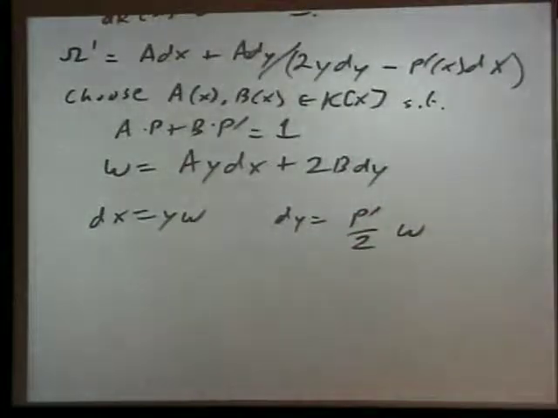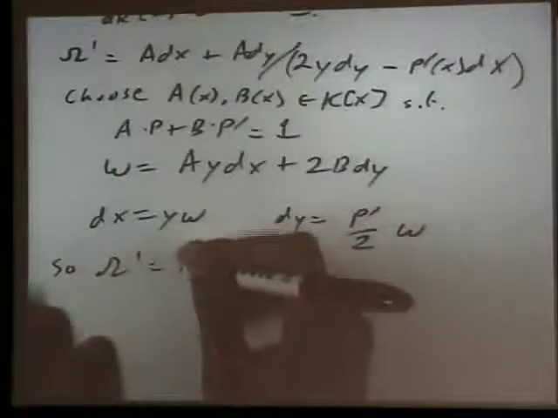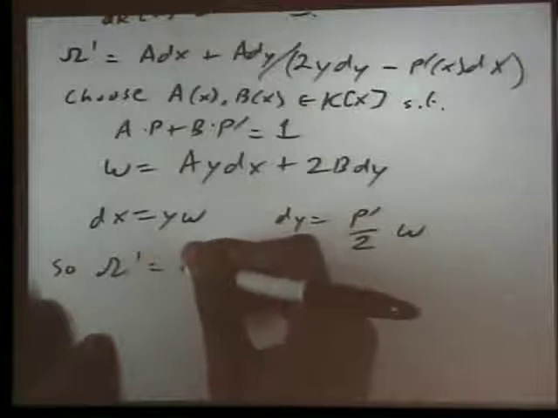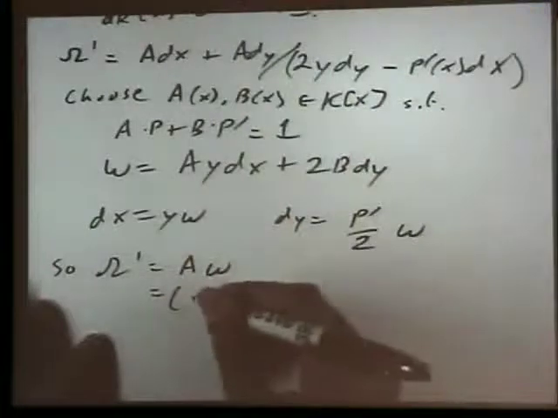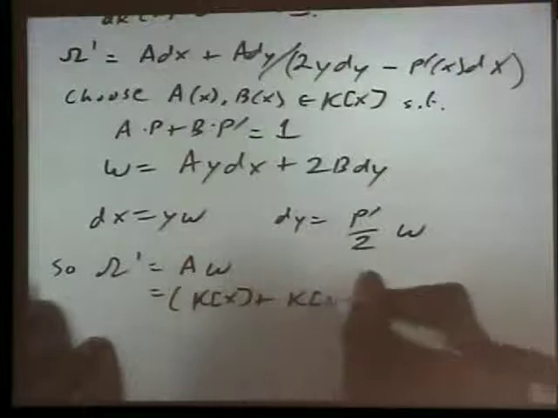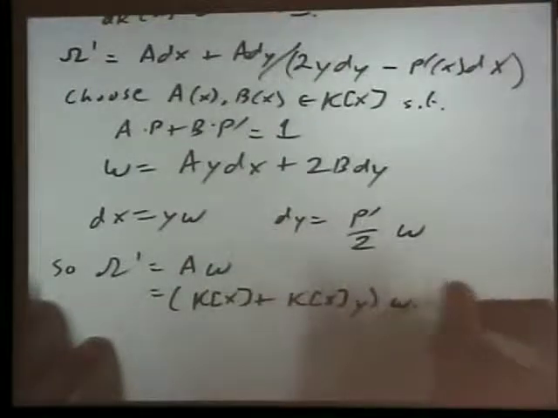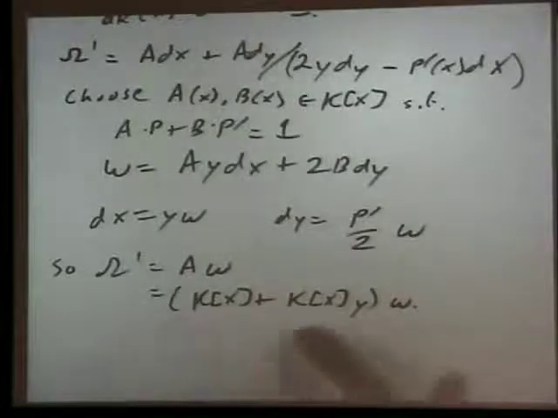And so the point is that capital Omega 1 is just A times little omega. So in other words, everything in A can be written as polynomials in x plus polynomials in x times one power of y. So if you want to do this calculation and figure out what the de Rham cohomology is, all you have to worry about are forms that look like this, because this is everything.